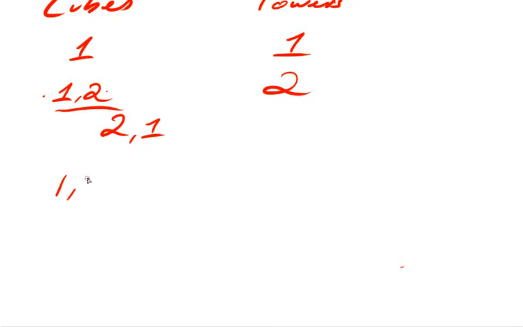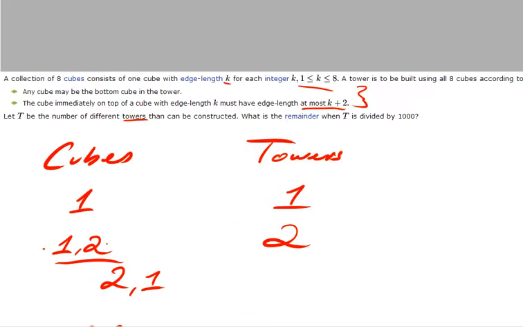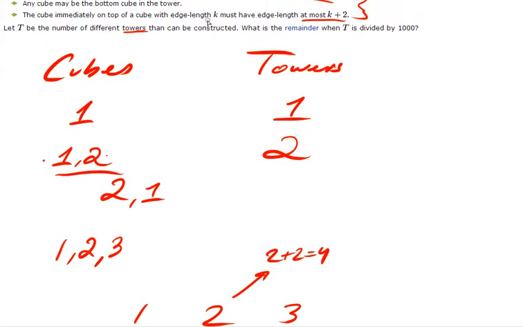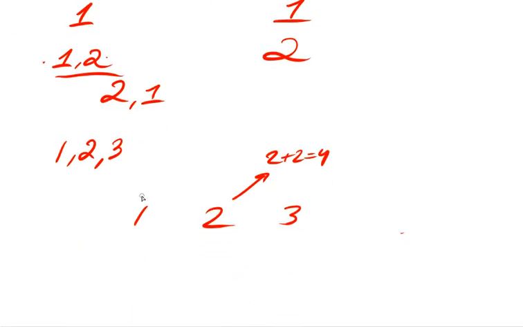If we add a third cube, a cube of length 3, then there are 3 ways to insert the cube of length 3. And all of them work, since the upper bound here is 2 plus 2 equals 4, since one of our rules is the cube immediately on top of a cube with edge length k must have edge length at most k plus 2. And the limit here is 1 plus 2 equals 3.